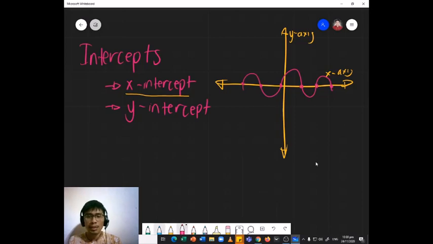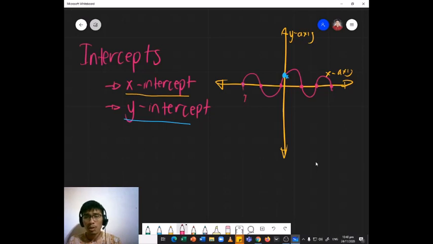The same goes for the y-intercept. Obviously it has something to do with the y-axis. It is the part of your graph where your graph touches the y-axis, and in this graph, as you can observe, particularly here, it touches our y-axis. So this blue one is your y-intercept, and this pink one touches the x-axis over here, another here, and a lot more here.